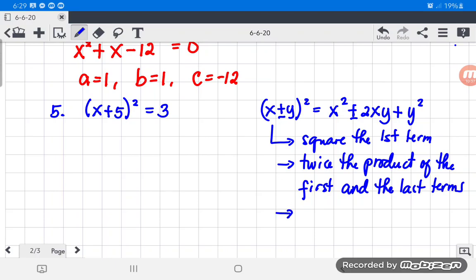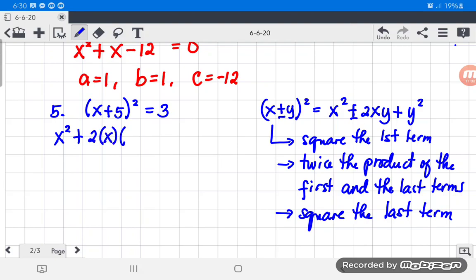And then last, we have to square the last term. Okay. Going back to our example, we have the square of x plus 5. First step is to square the first term. We have x squared. Since this is positive, plus twice the first and the second term. Then plus, you have to square the last term. 5 squared equals 3.